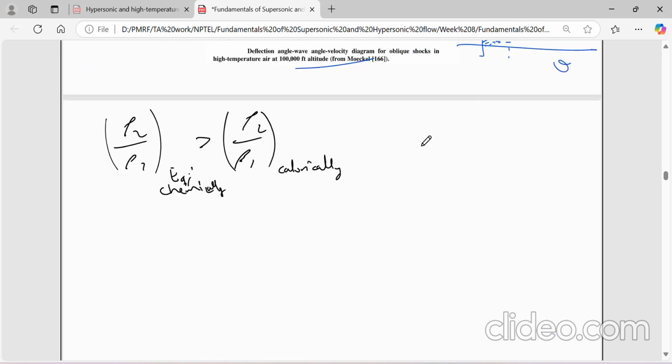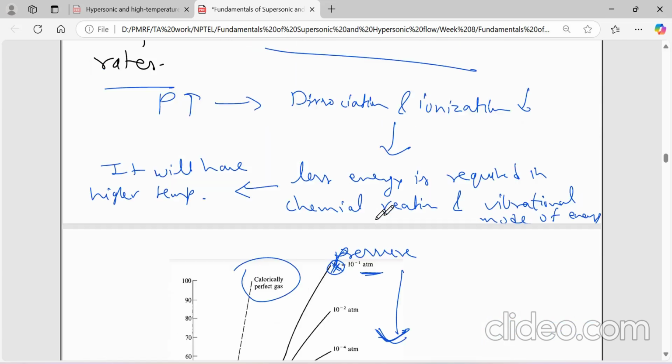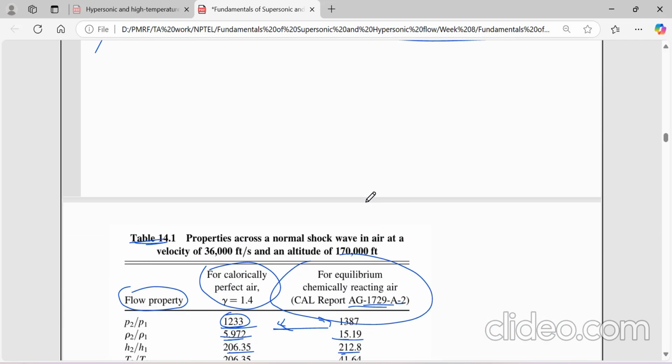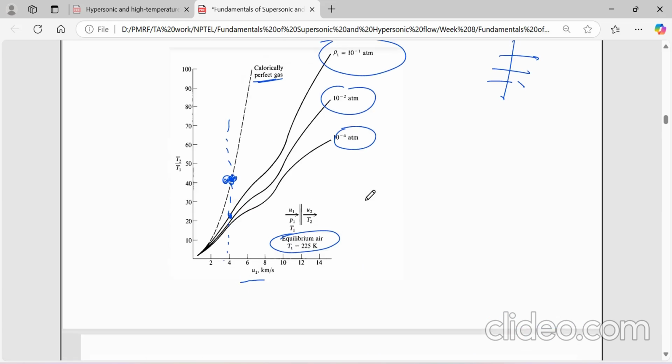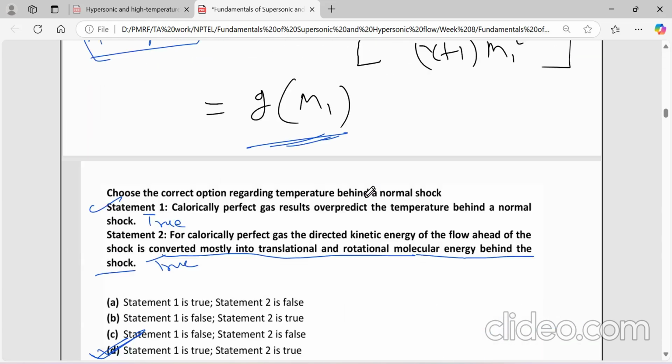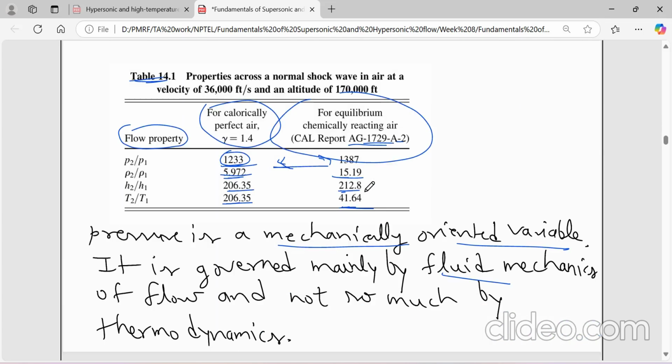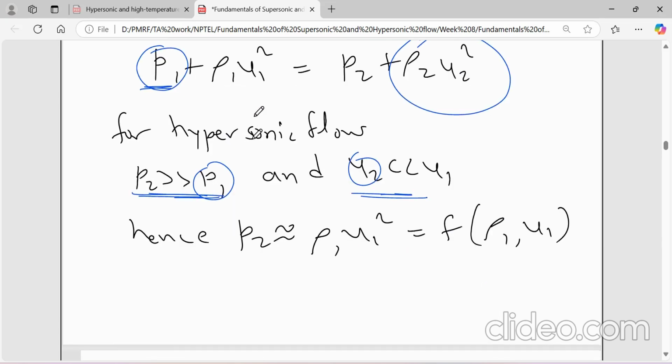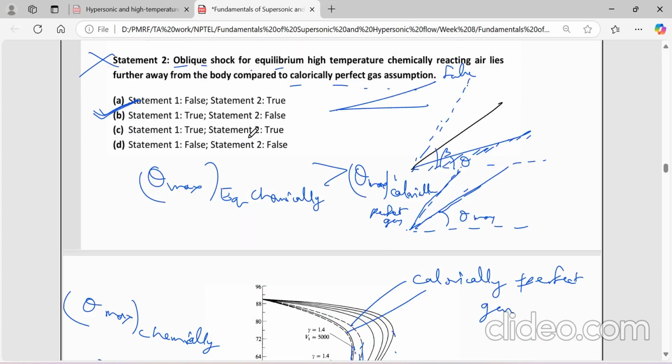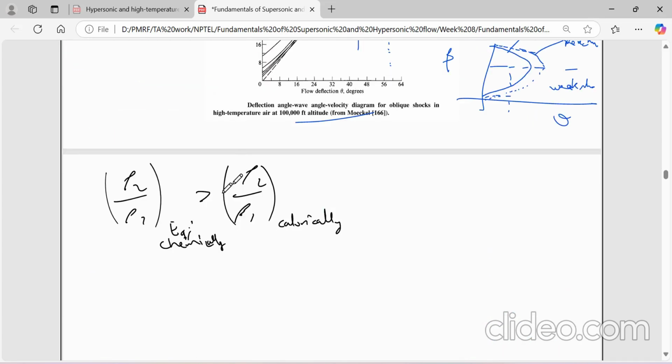You can see this also in the last table. In this table we have seen that rho 2 by rho 1 for chemically reacting gas is greater than for calorically perfect gas. This is for normal shock, but for the oblique shock also this rho 2 by rho 1 will be greater for chemically reacting gas than calorically perfect gas.